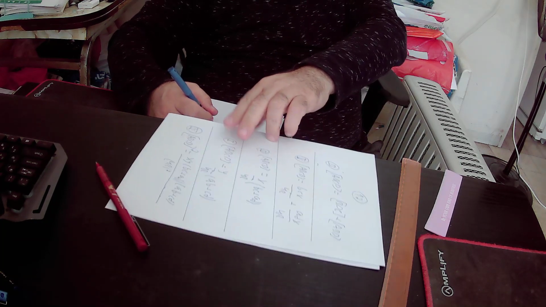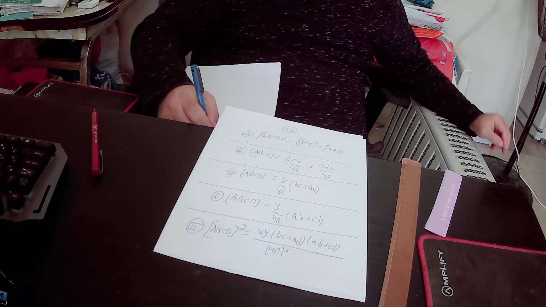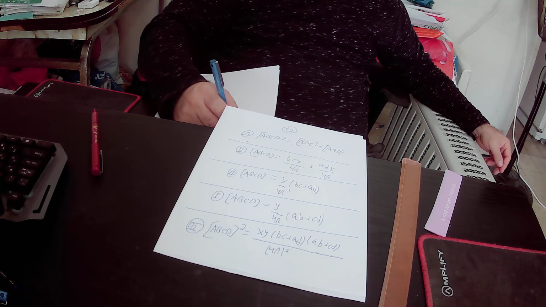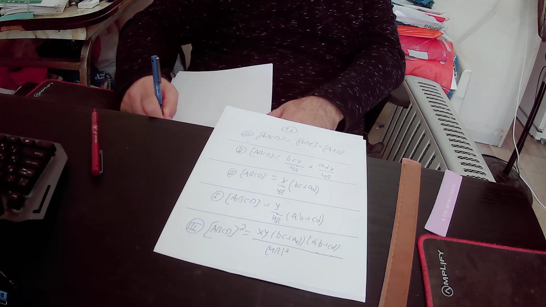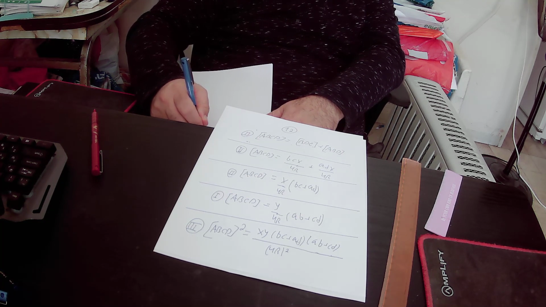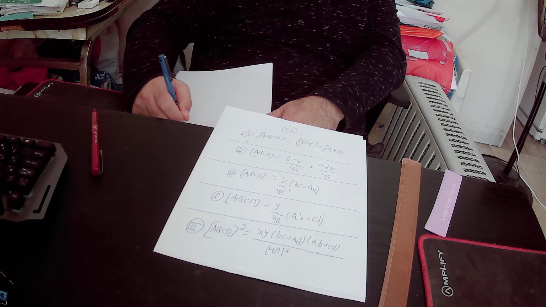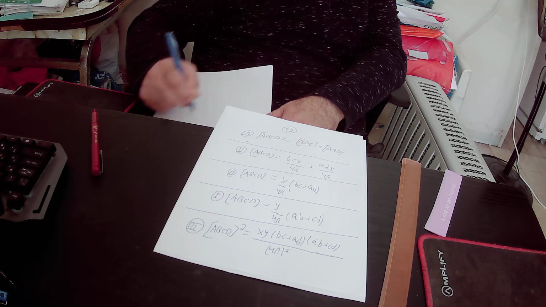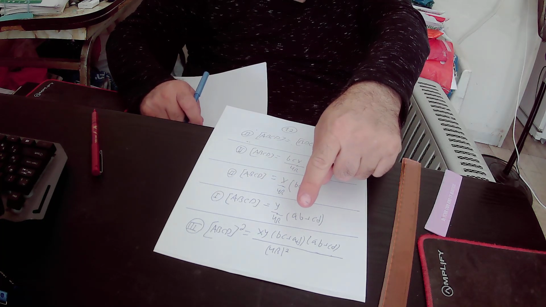So here we will take a root out of equation number 3, and we will get that the area of quadrilateral ABCD equals the root of x times y times BC plus AD times AB plus CD, and in the denominator we have 4R squared.